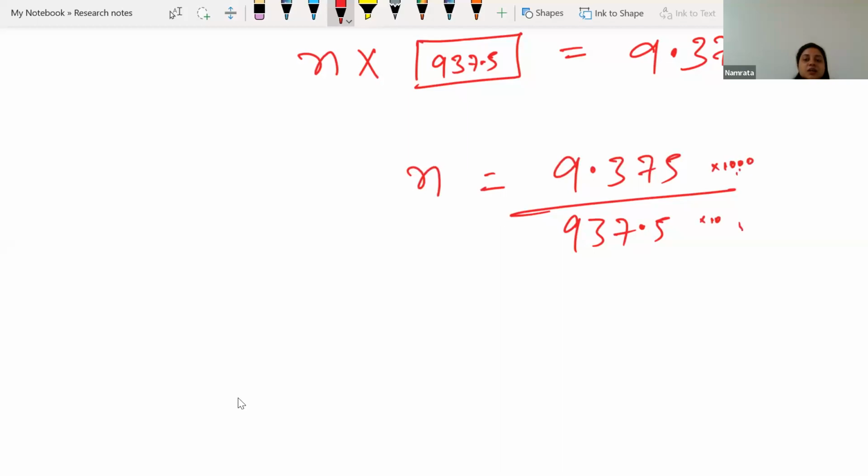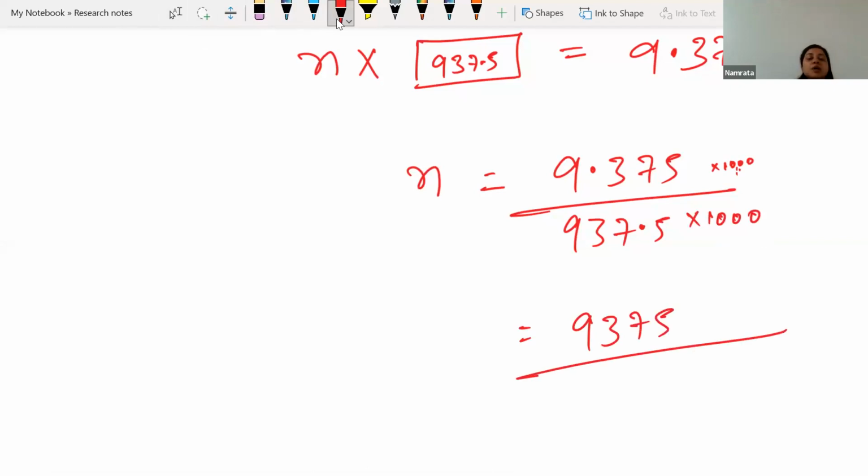In between, which one is greater? 1000 is greater. So we will be multiplying both numerator and denominator by 1000. The numerator decimal will go and no extra zero will come. In the denominator, one decimal place is there, so 10 will get absorbed and two extra zeros will come out.